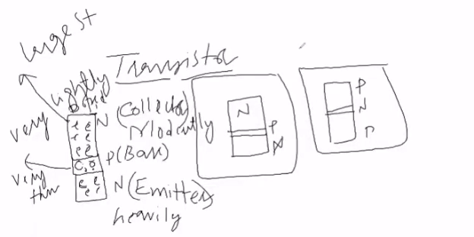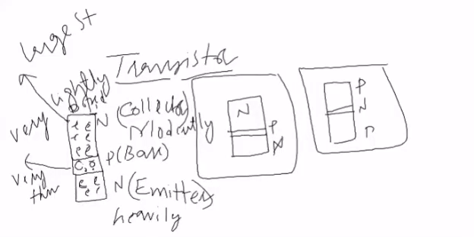So the largest part is the collector, and after that the emitter size is moderate, meaning it is in between, but the size of the base is very small.